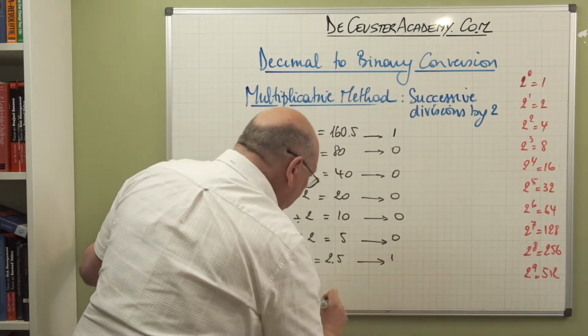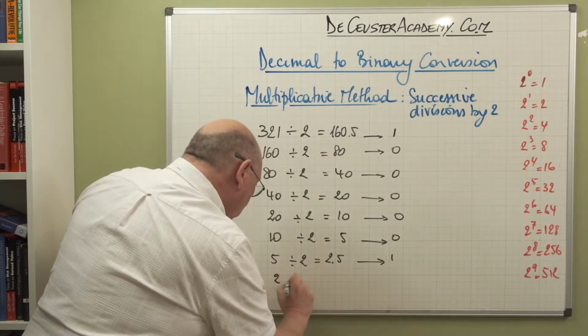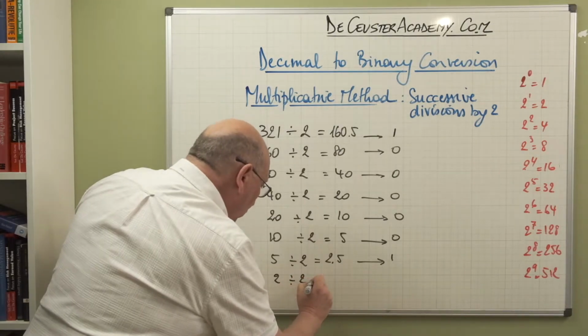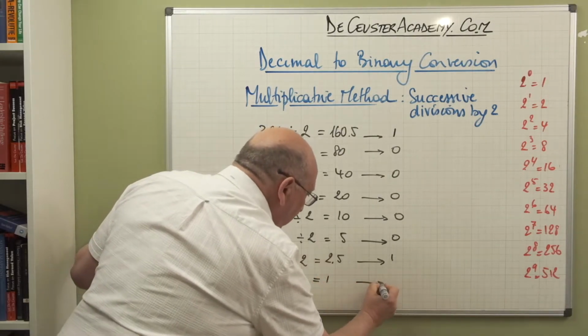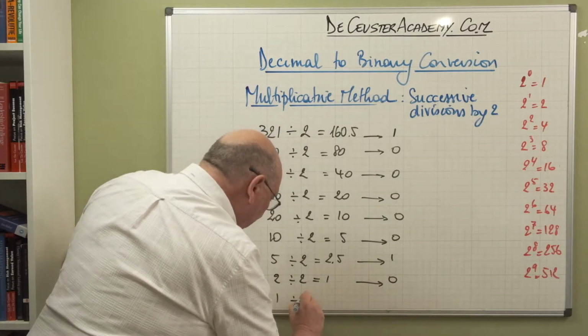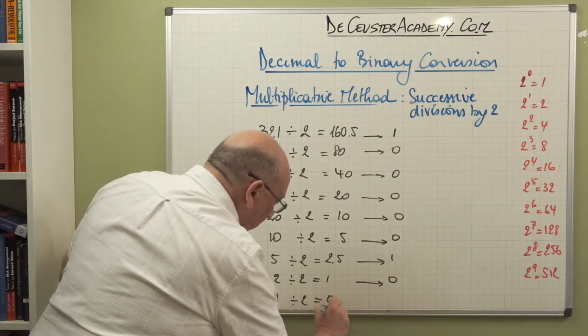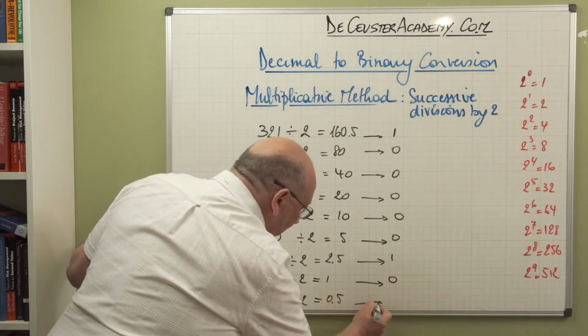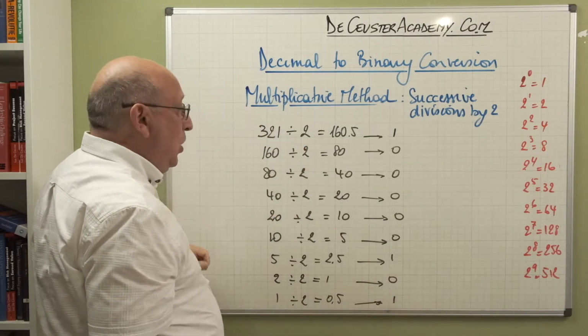So we have a remainder of 1. 2 divided by 2 is equal to 1, remainder 0, and finally 1 divided by 2 is 0.5, and we have a remainder of 1.